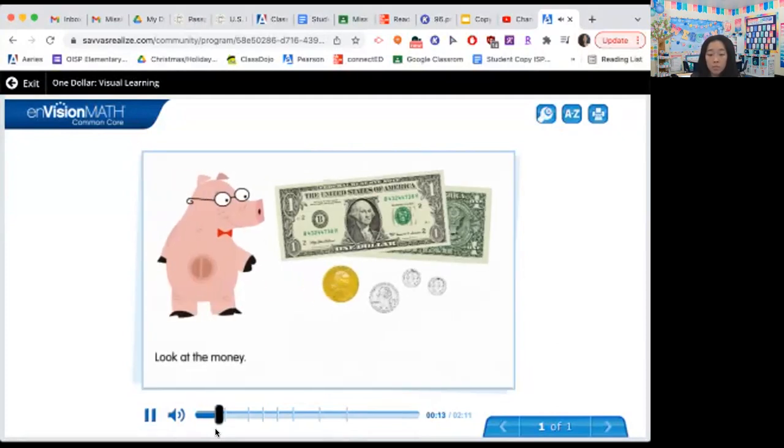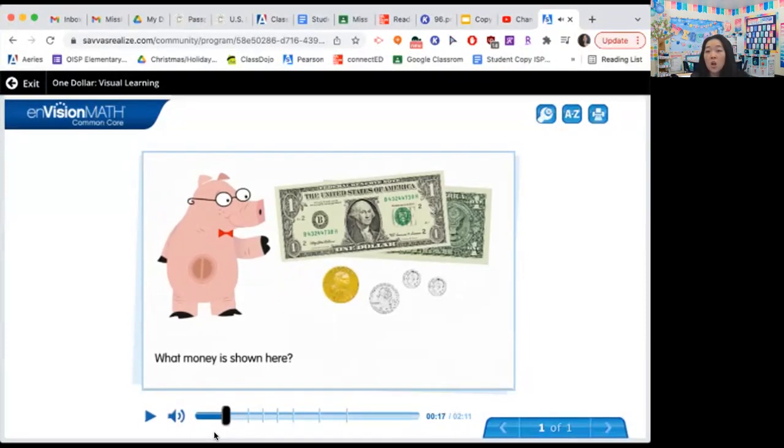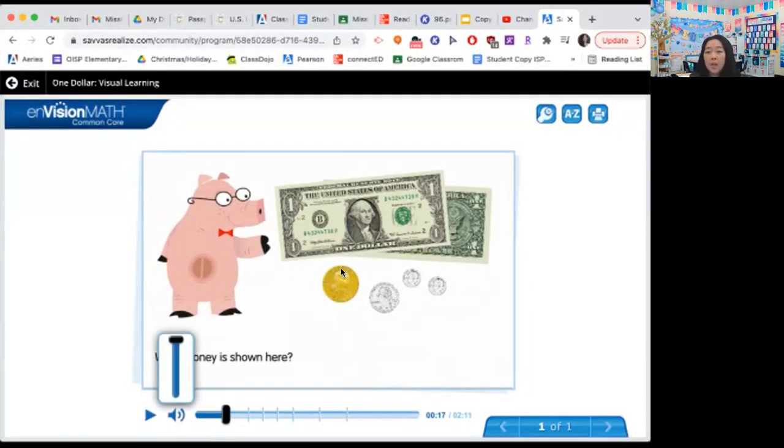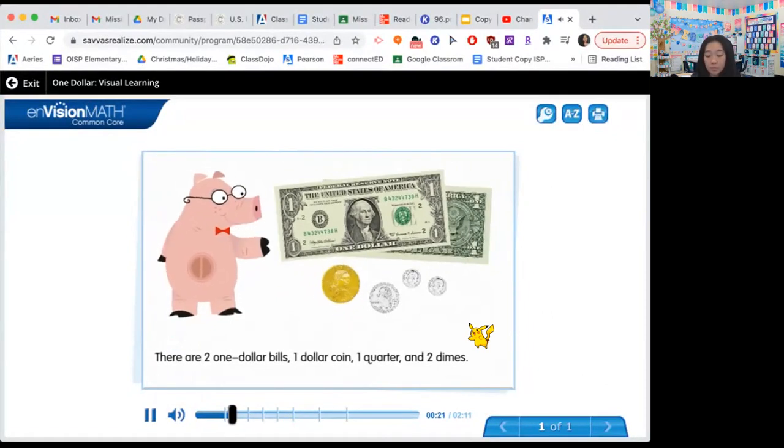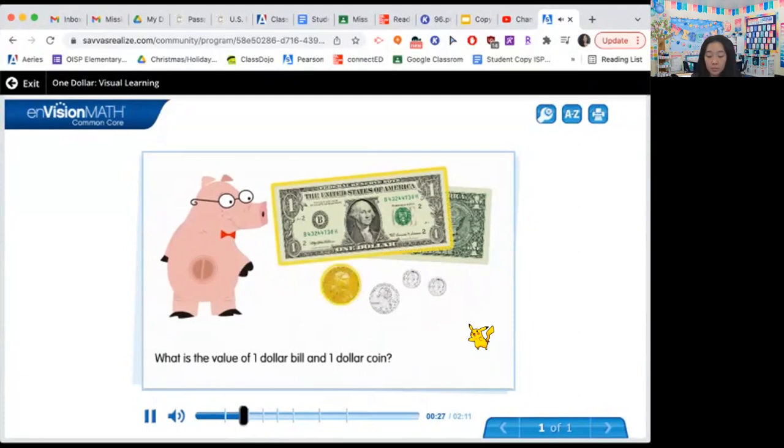Look at the money. What money is shown here? We have dollars, a dollar coin, a quarter, and 2 dimes. There are 2 $1 bills, $1 coin, 1 quarter, and 2 dimes. What is the value of $1 bill and $1 coin?